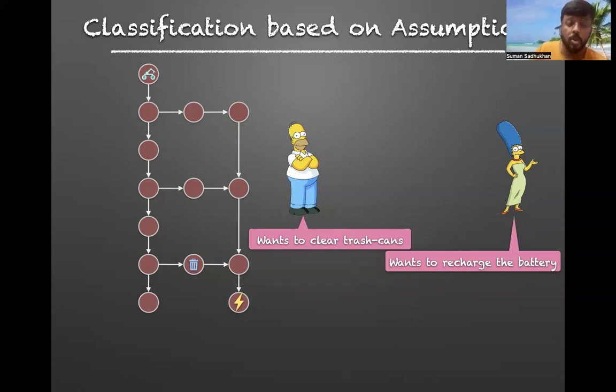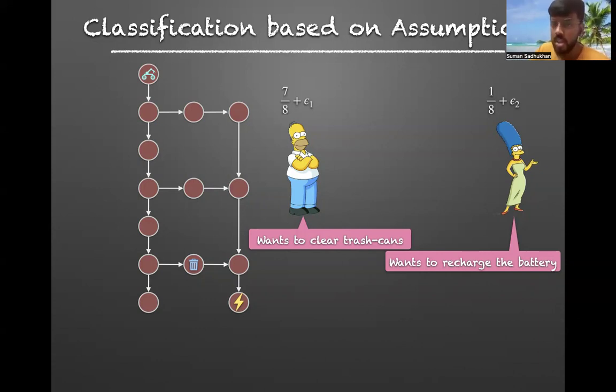Here, Homer wants to visit, say, this trash can, and Marge wants to visit this battery recharge station. If we compute the threshold budget in the way we computed, including the other player's objective, then we'll see that Homer needs more than 7/8 of the budget to visit this trash can, and Marge needs more than 1/8.